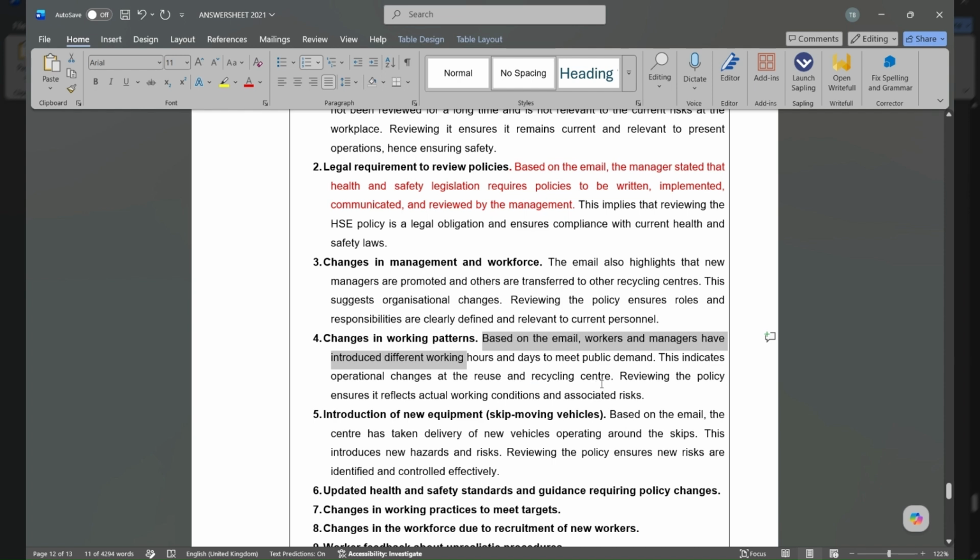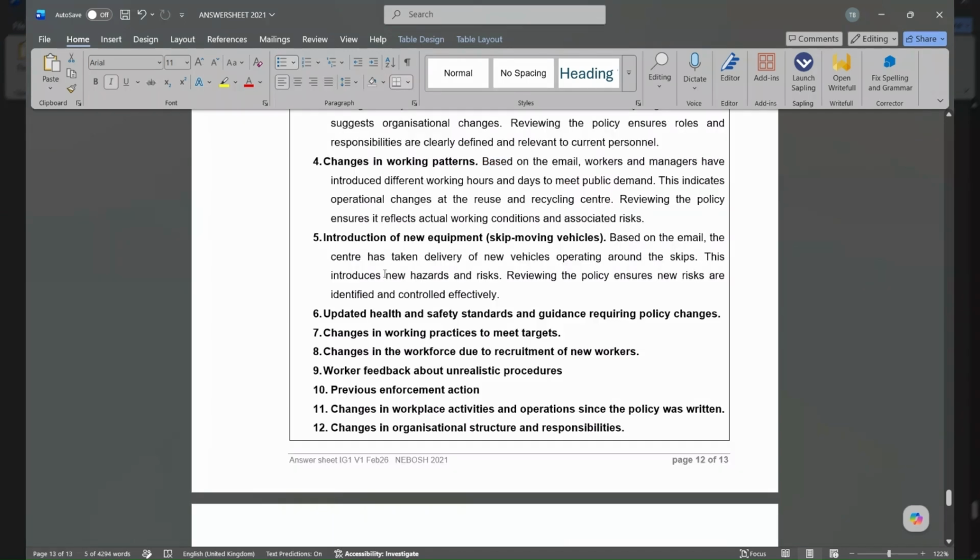Reviewing the policy ensures it reflects actual working conditions and associated risks. We well know that if the working patterns change, that means the risks also change. So in that case, you have to update the HSE policy so that it reflects the new risks that are being encountered.